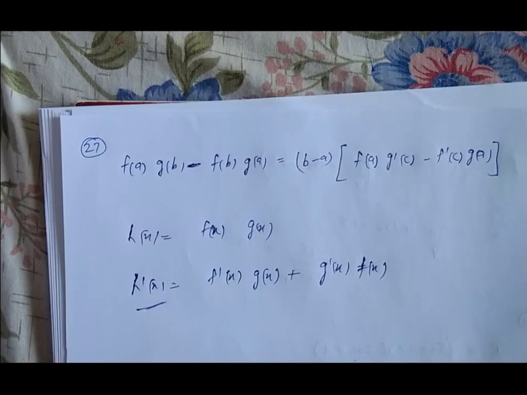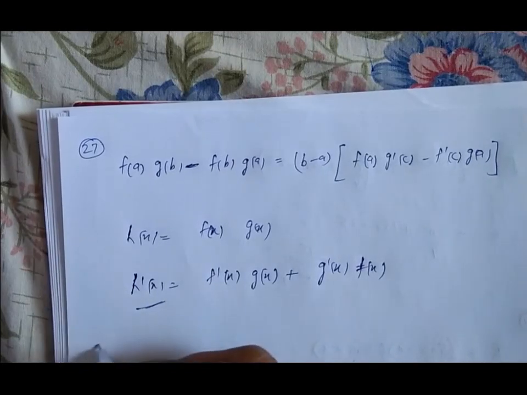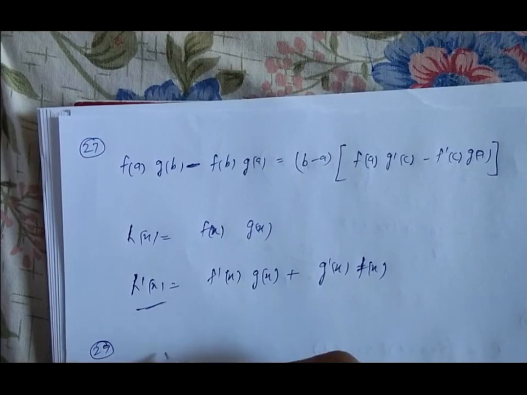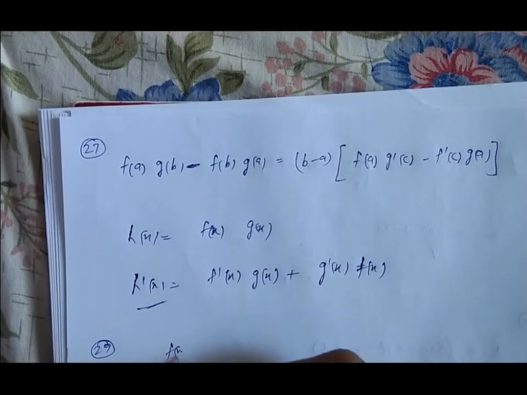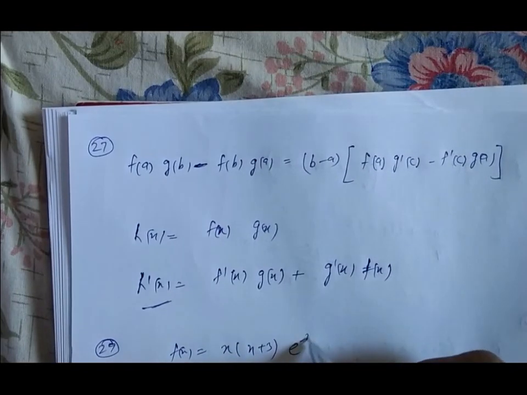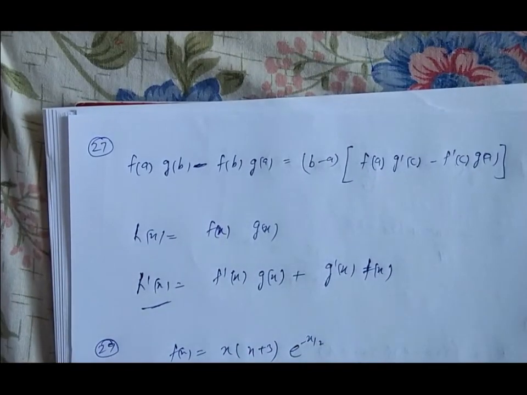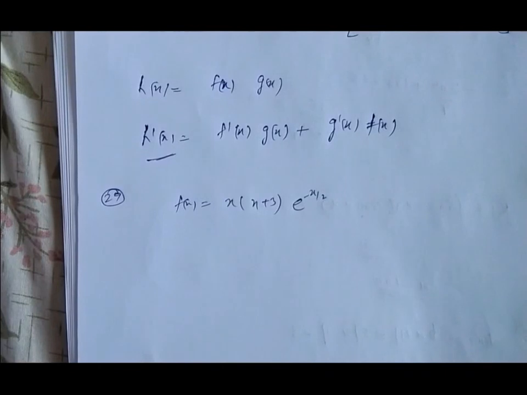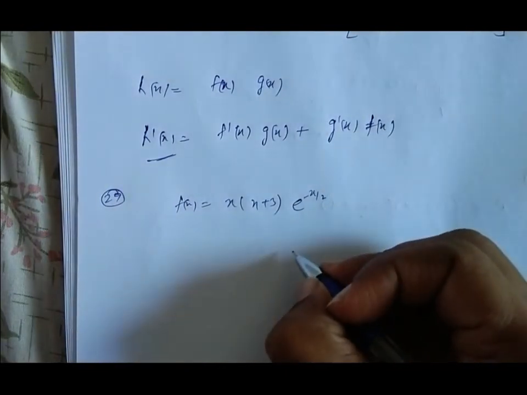Moving on to question number 29. So it says f(x) is equal to x into x plus 3 e power minus x by 2. Okay, so we need to verify Rolle's theorem for this. So let's see.